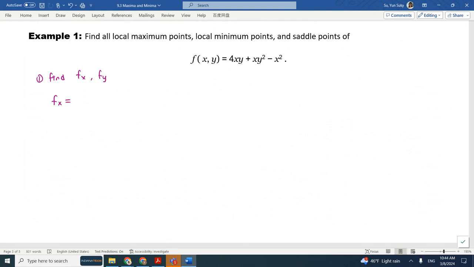Derivative with respect to x is, yes, 4y. And the second term, y squared. Yeah, minus 2x. Very good. Right, everybody? And how about the derivative with respect to y?